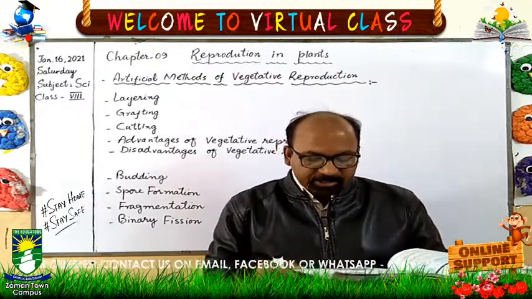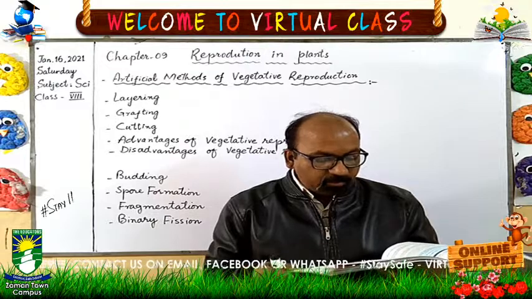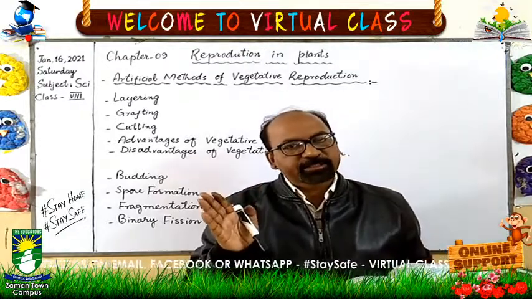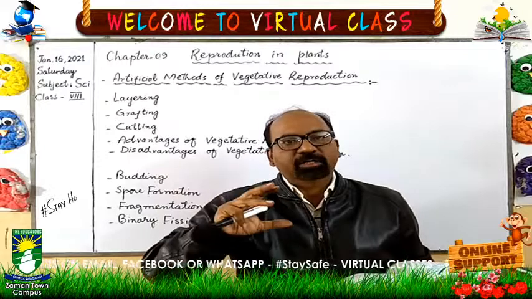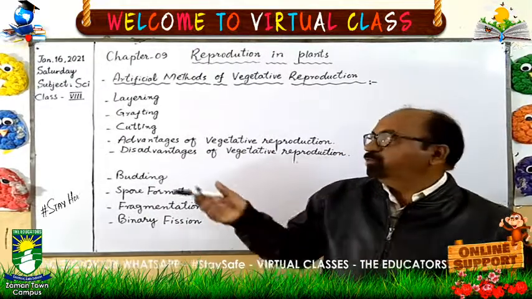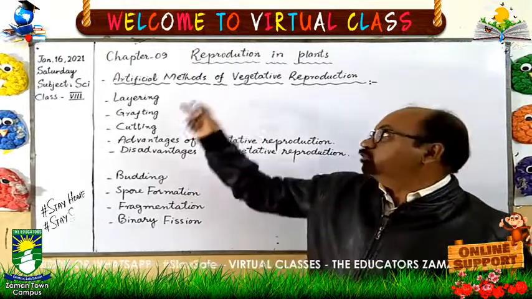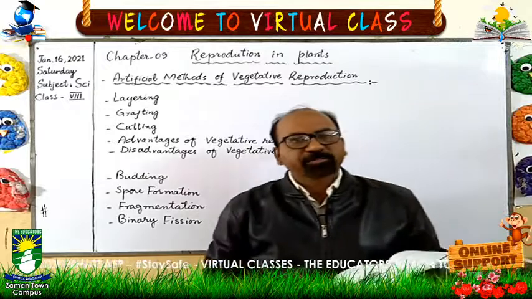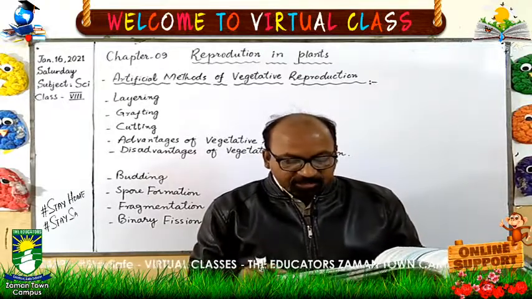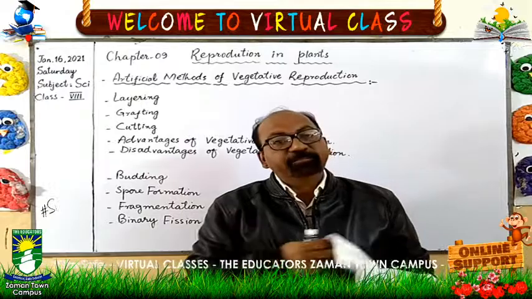Viable means they can form new plants. These plants produce seeds, but the seeds are not able to produce a new plant. In such cases, new plants are produced through vegetative means.